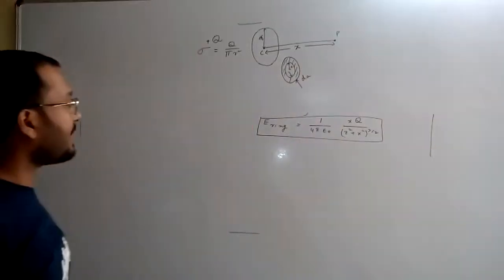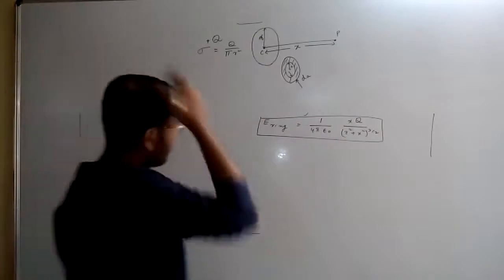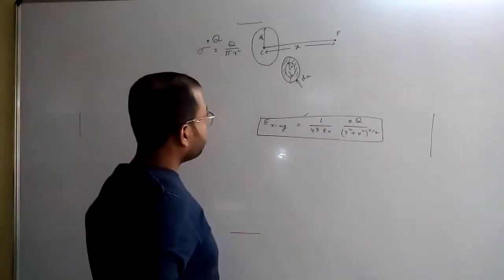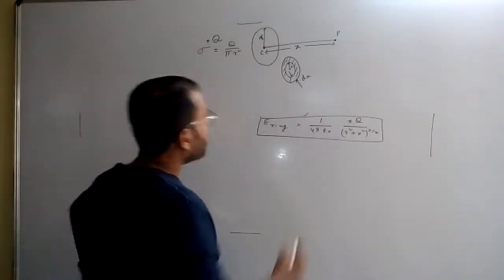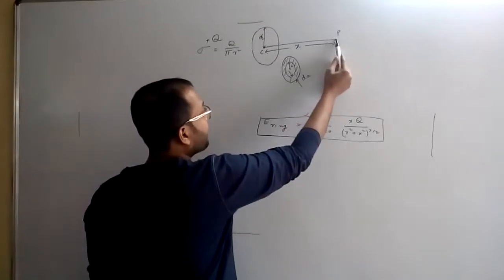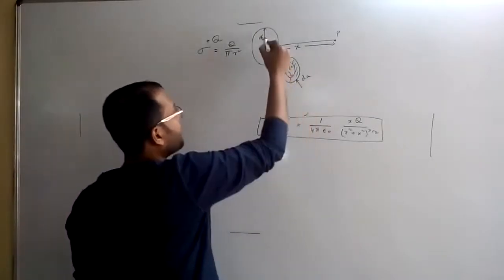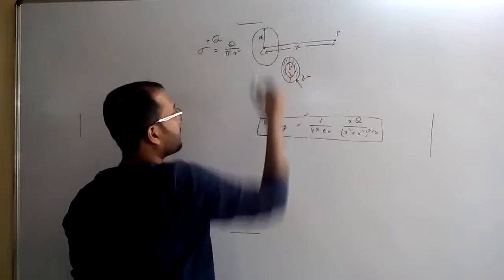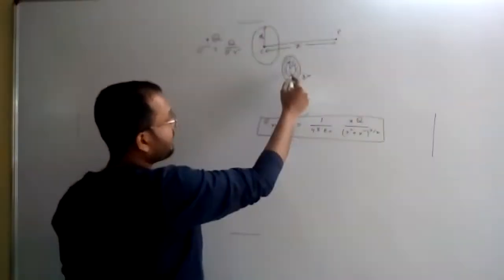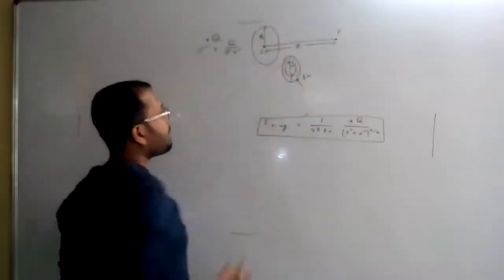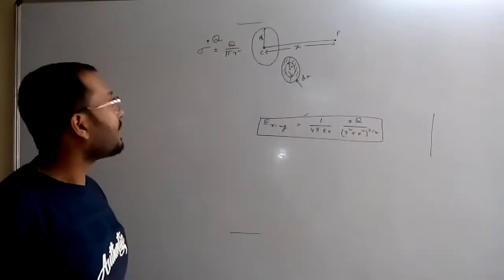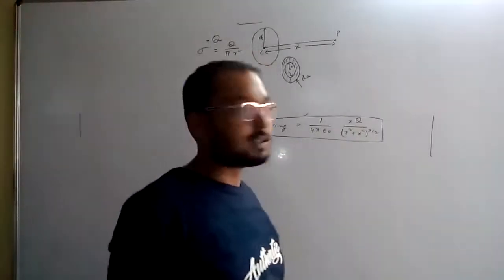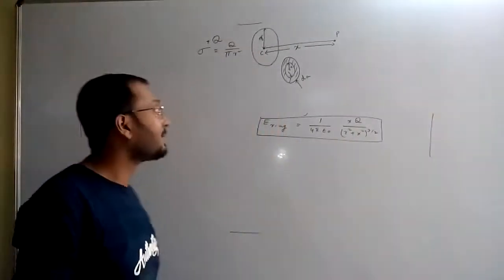It has a radius A and a thickness dA. So to find out the electric field at this point due to this ring, which is actually somewhere over here, I'm drawing it over here because I don't want to mess up this diagram, and well, I could have used different colors, but at this moment I'm out of colors.